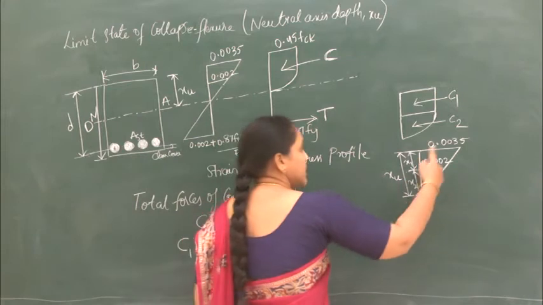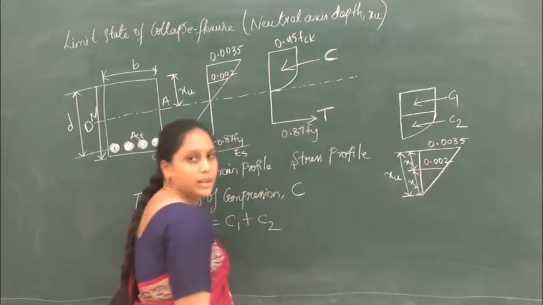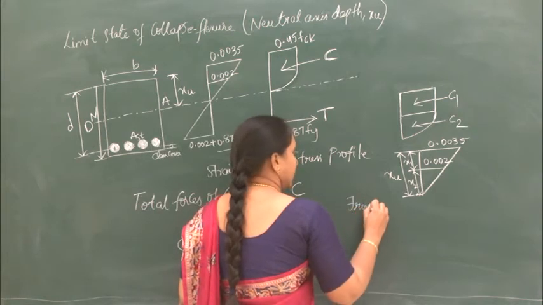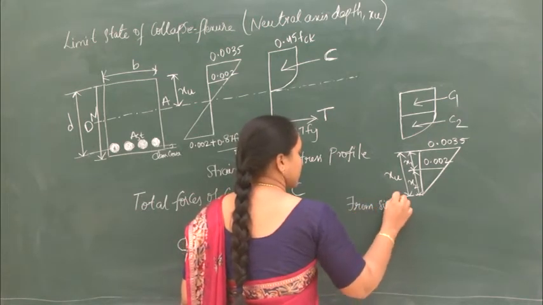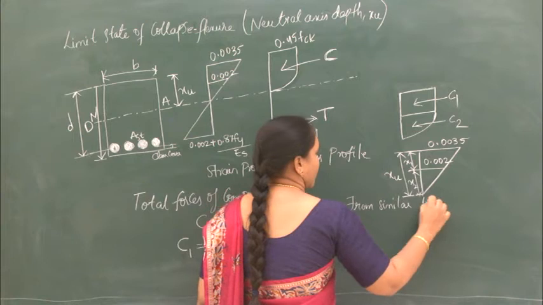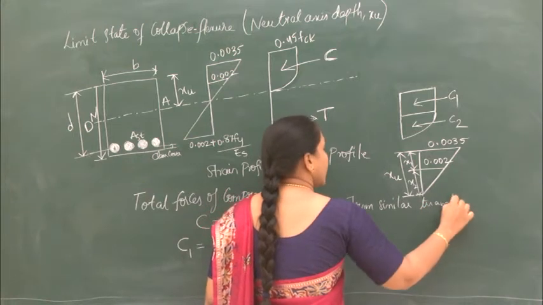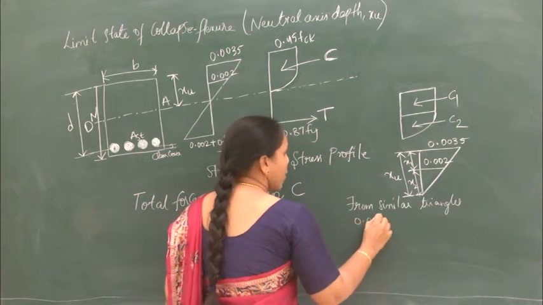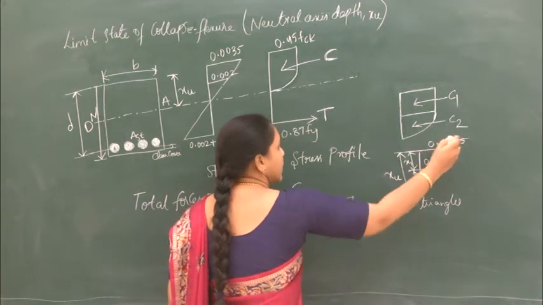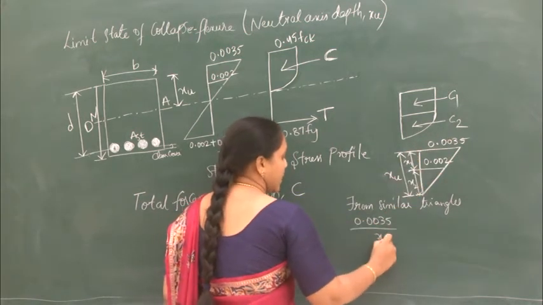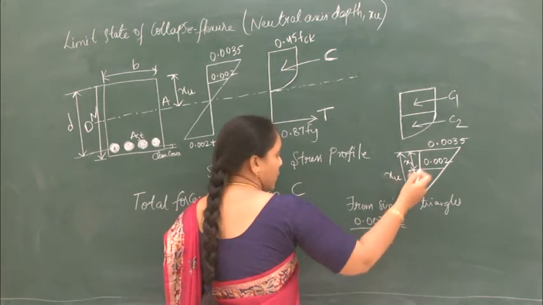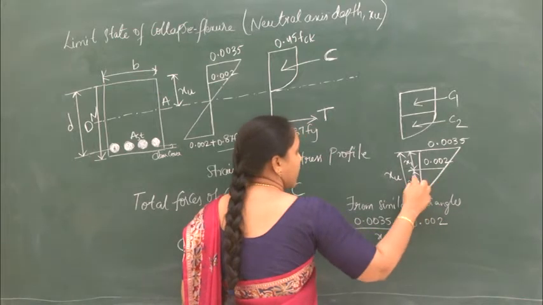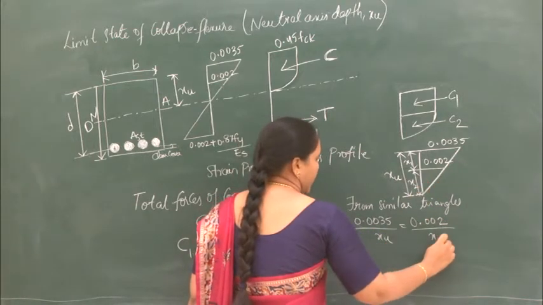So consider the similar triangles. From similar triangles, you can write 0.0035 divided by xu is equal to 0.002 divided by x2.